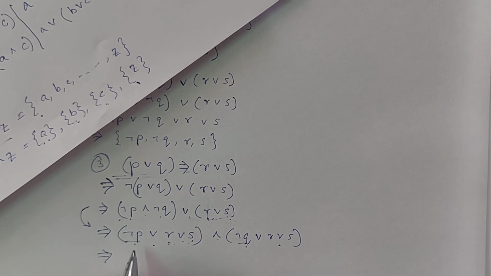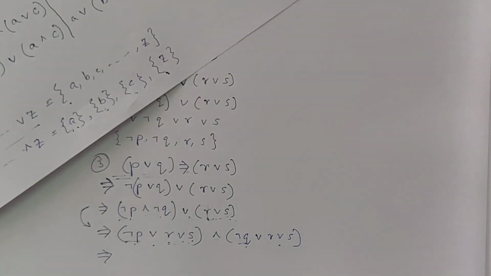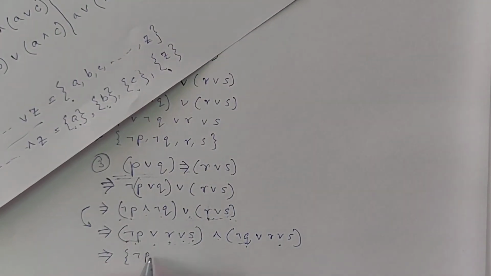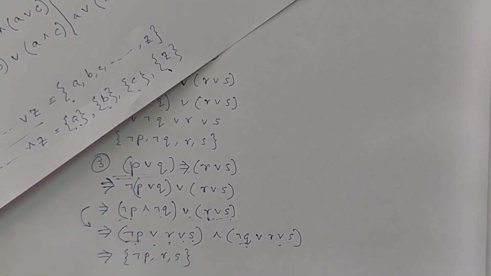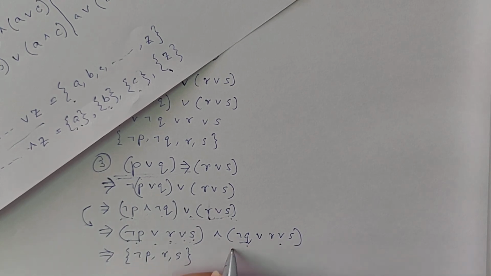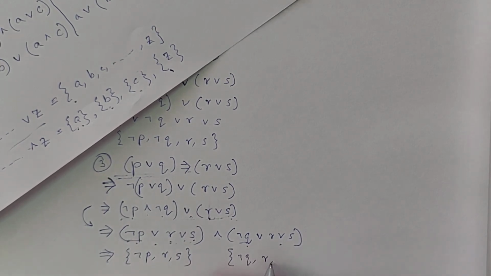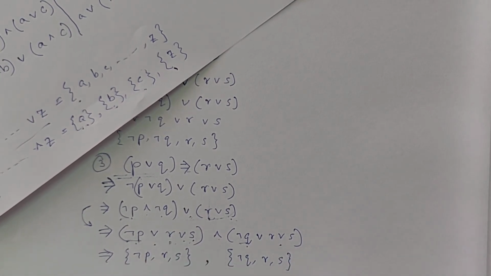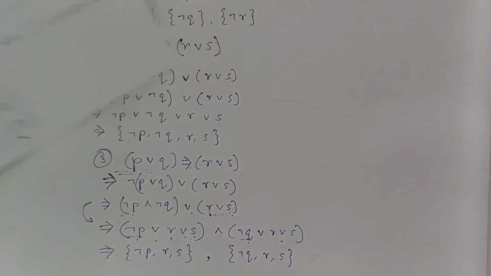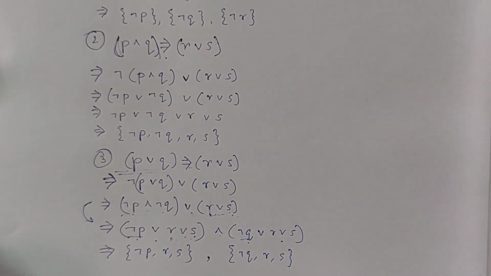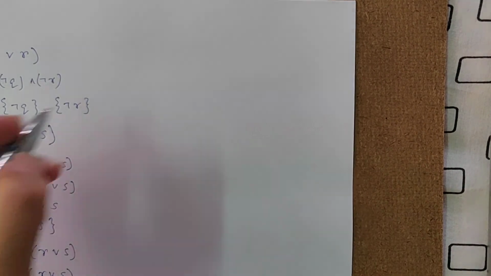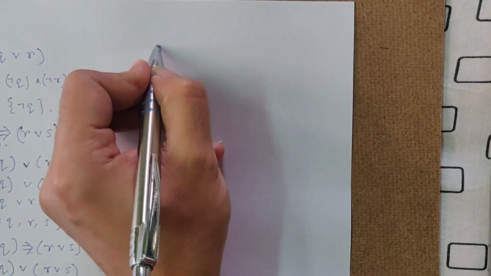So this will become {not P, R, S}, conforming to this form, and this part is conforming to the clause {not Q, R, S}. Since it is a conjunction, there will be two such sets. Right. Let's come to the next example.